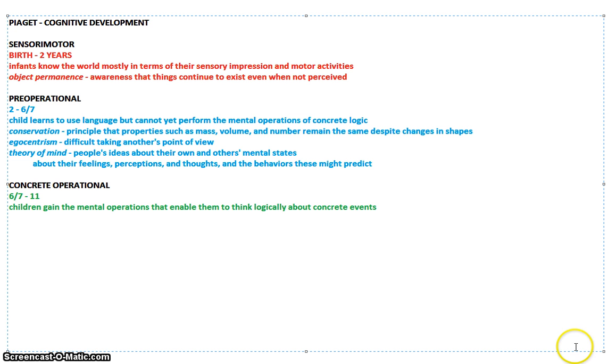And the final stage you should know about is the formal operational stage. And this is going to be from 11 or 12 for the rest of your life. You should be in the formal operational stage. And what happens in this stage is that people begin to think logically about abstract concepts.